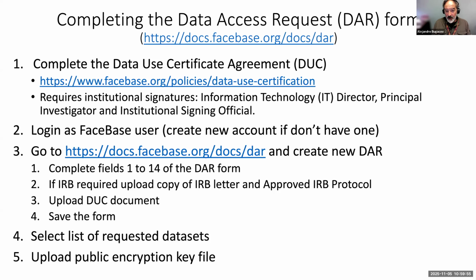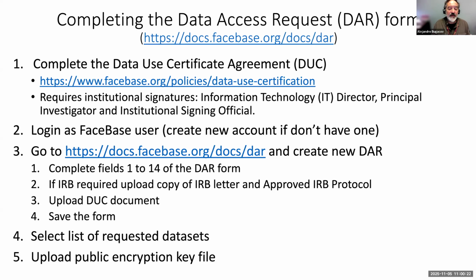enter the DAR. Then the next step is you need to log in as a user. If you're not a user, you can request joining the FaceBase user group, and then you log in with those credentials. You go to the page where you start your DAR. You complete about 14 fields that you need to fill in. You upload the files.